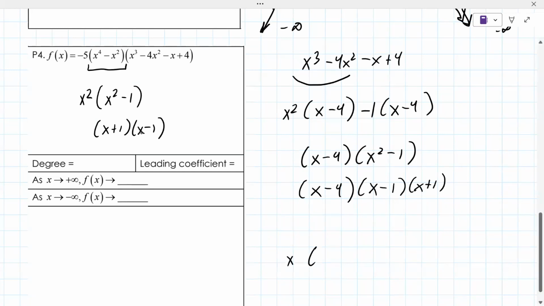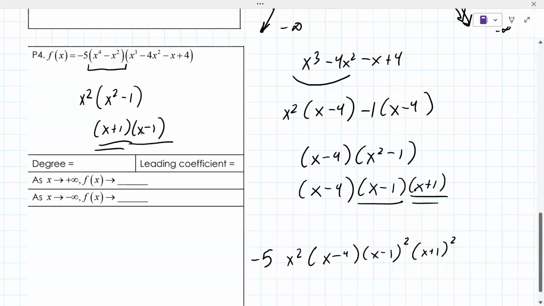So it's x squared, x minus 4, but x minus 1 to the power of 2, and then x plus 1 also to the power of 2 because of those two. And because then you've got that -5 in front. I think that's what we did in the notes.